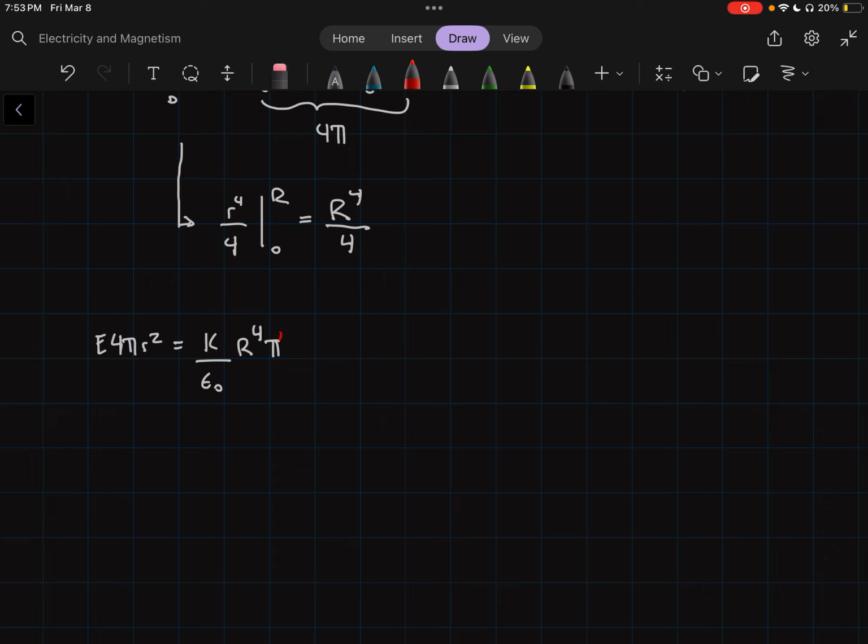Now in this case, all that cancels is the pi, and you end up getting that the electric field vector in region 2 is equal to k over 4 epsilon naught r to the fourth over r squared. And this is also in the r hat direction.